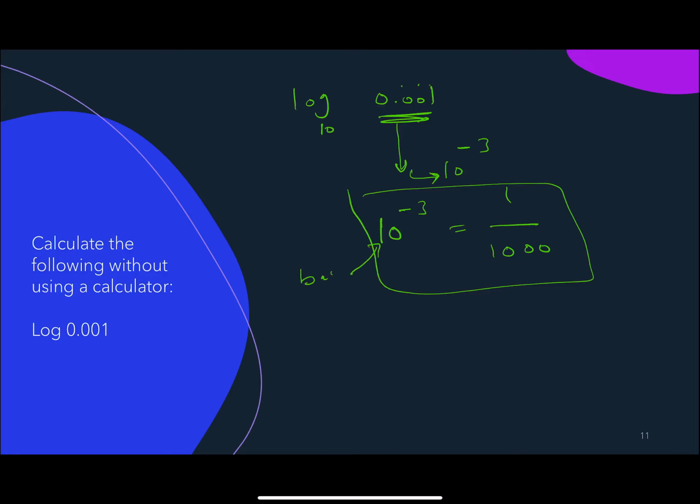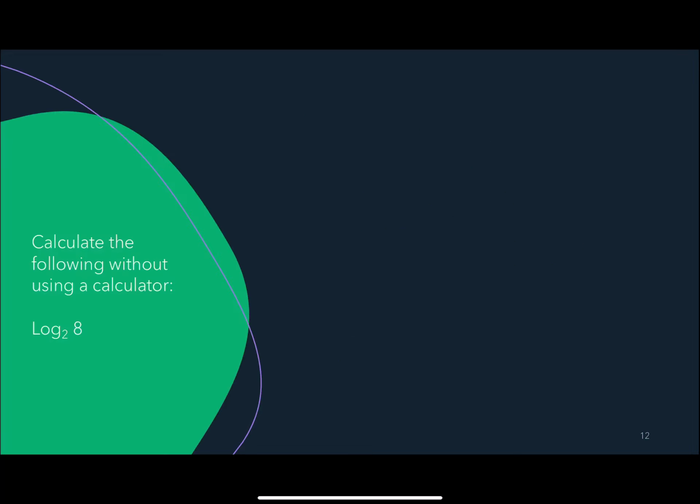So we have 10 to the power of minus 3, because it's 1 over 1, 2, 3. These are the same. This is my base. This is my index. So log 0.001, the answer is minus 3.